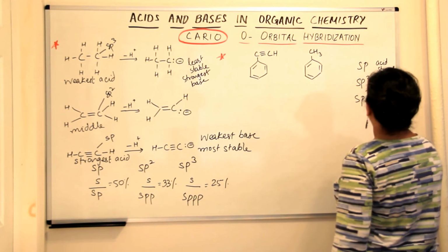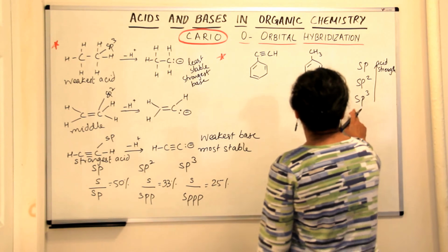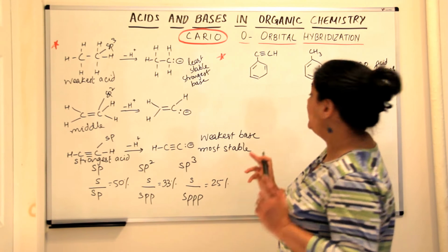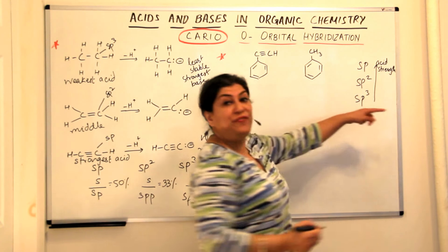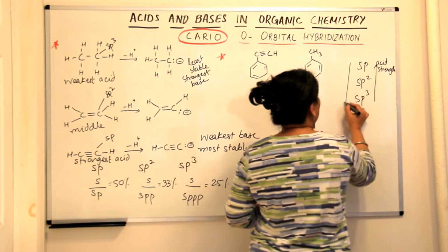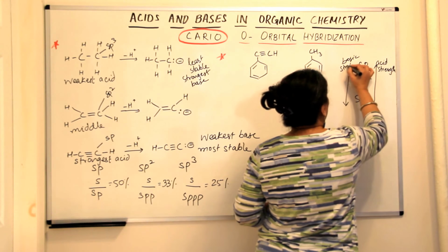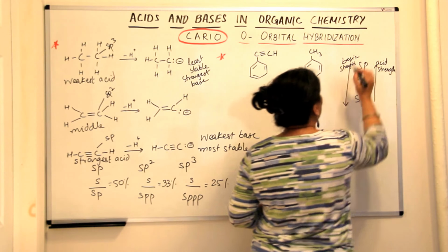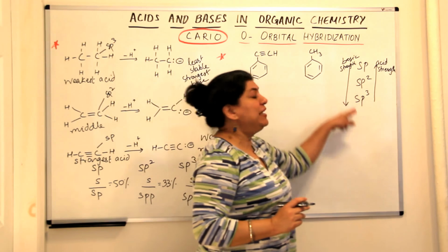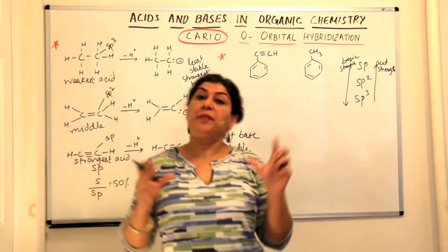So acid strength increases if you go from sp3 to sp. And if acid strength increases in this direction, the basic strength should be the opposite. So basic strength should increase from sp to sp3. This is what we understand from this hybridization.